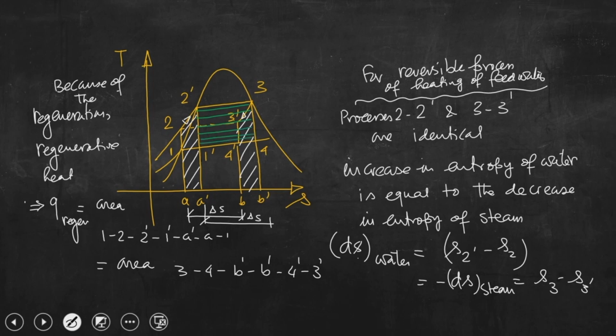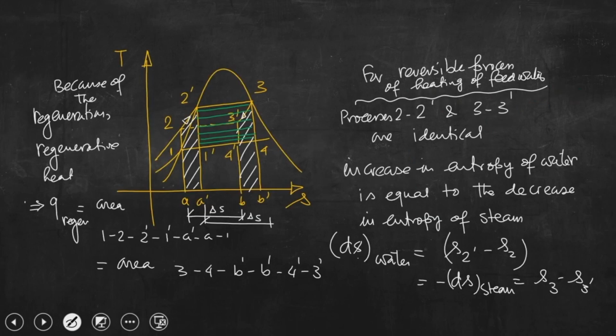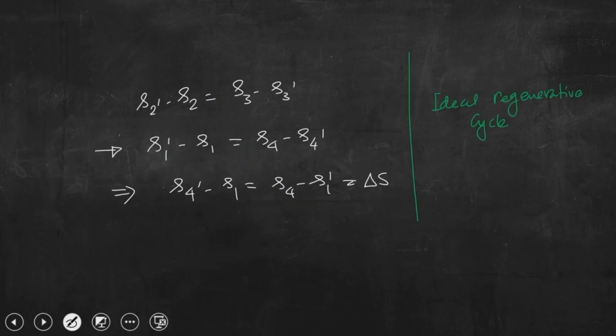Right. Try to understand, because of the ideal regenerative, basically we can write here the ideal regenerative cycle, which, if we go back to the previous slide, is 1, 2, 2 prime, 3, 3 prime, 4 prime.